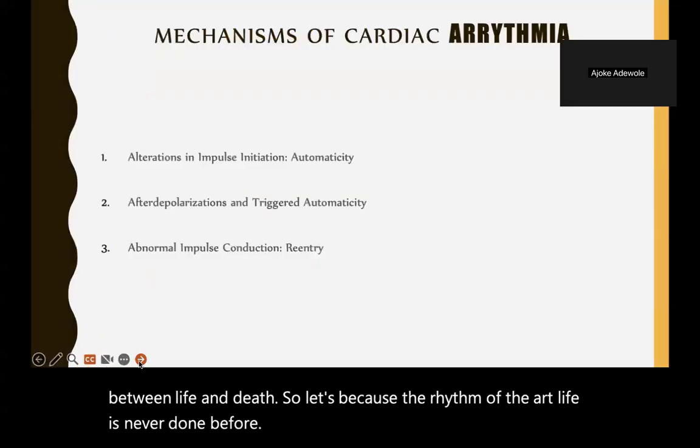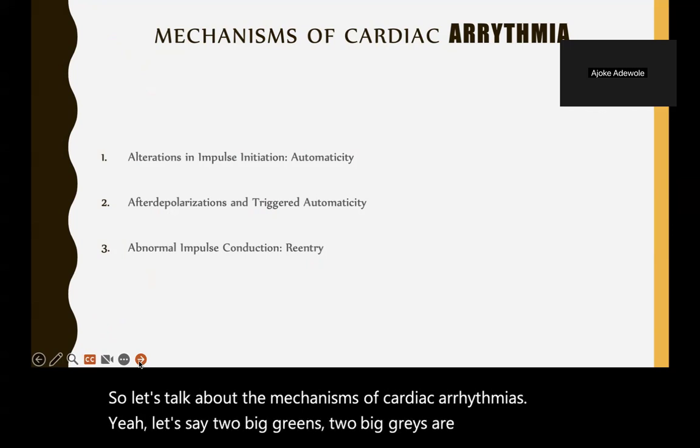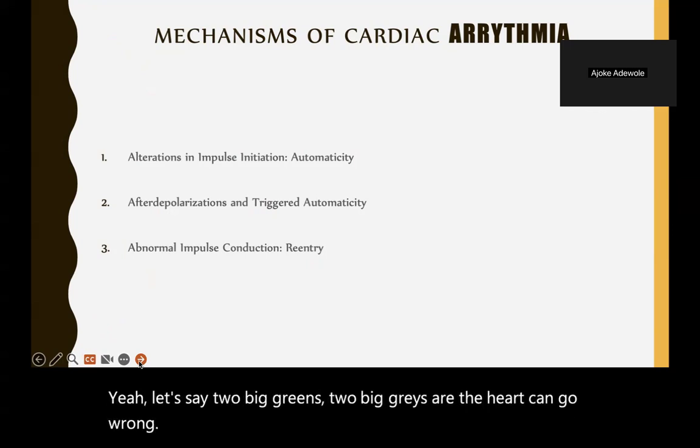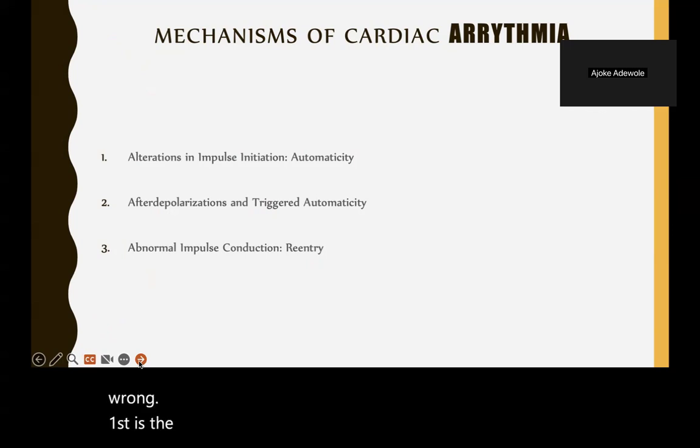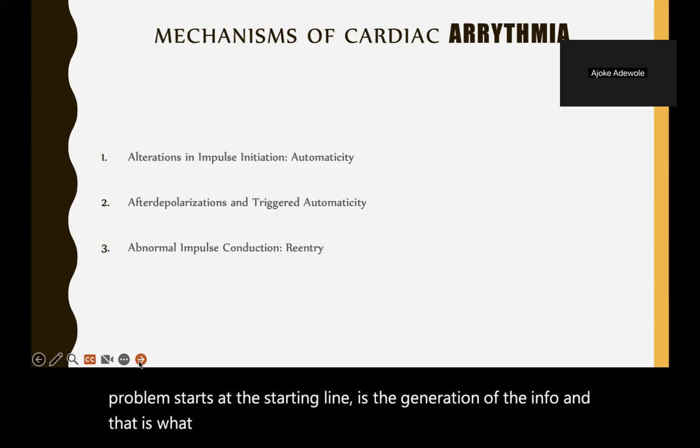So, let's talk about the mechanisms of cardiac arrhythmias. There are, let's say, two big ways that the heart can go rogue. First is impulse initiation problems. Sometimes the problem starts at the starting line, in the generation of the impulse, and that is what we call automaticity issues.